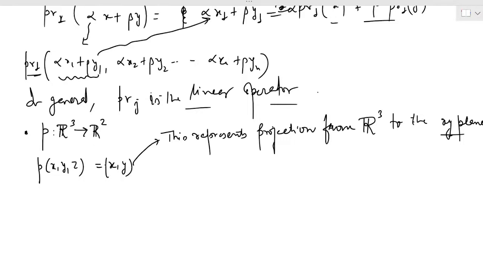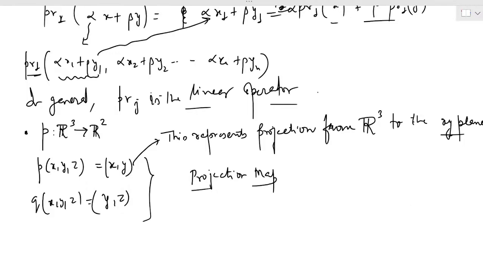Okay, so this is another kind of projection. Similarly, you can define some other functions, like let's say q of x, y, z, and it projects you into, let's say, the xz plane. So these are another kind of projection. These are also called the projection map. I'm not writing a subscript here, only projection map.